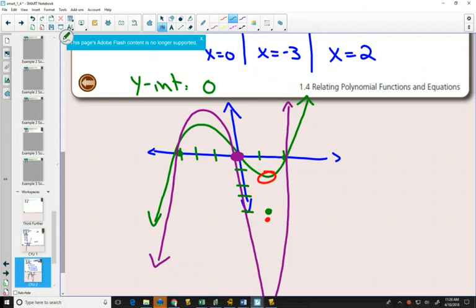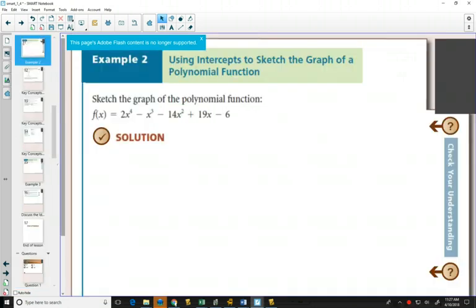Just because it's equally between 0 and 2, a cubic graph doesn't necessarily have the minimum perfectly in between them. It may be, but it doesn't have to be. So for a sketch, all we need to do is find our x-intercepts and our end behavior and draw a smooth curve through it.